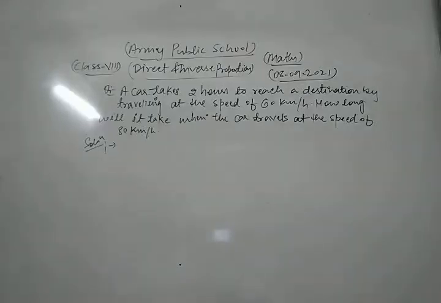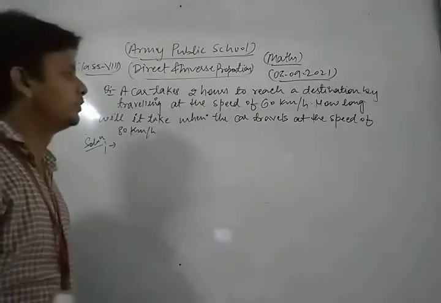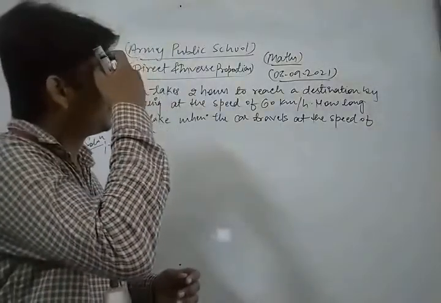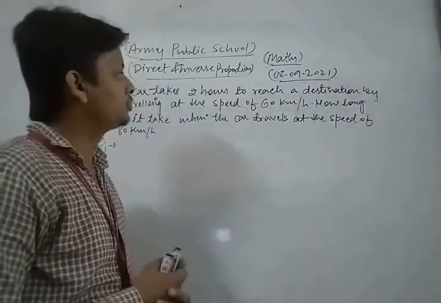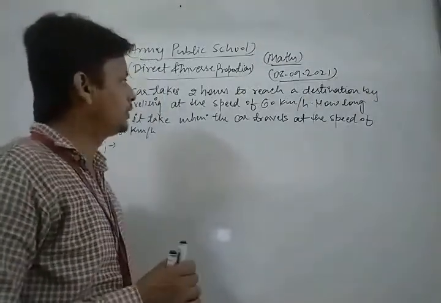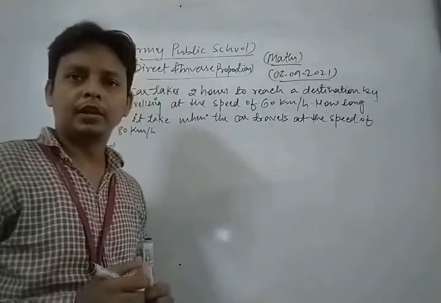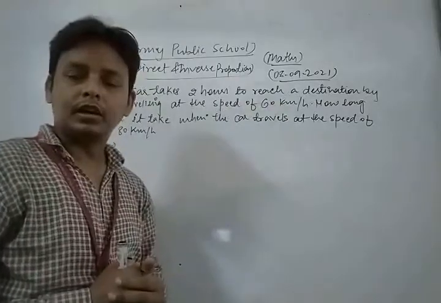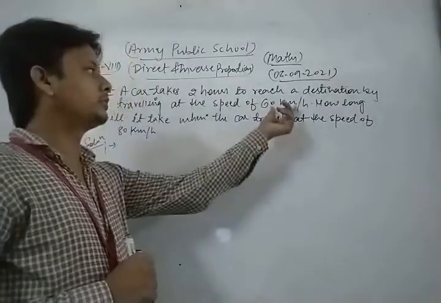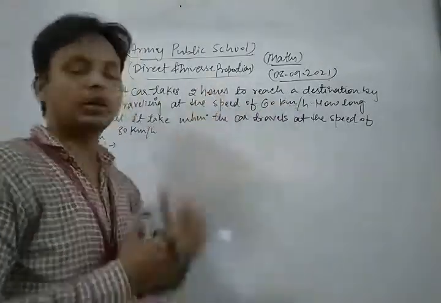Okay, dear students. Now look. A car takes 2 hours to reach a destination by traveling at the speed of 60 km per hour. So dear friends, if the car goes at the speed of 60 km per hour, then it takes 2 hours.